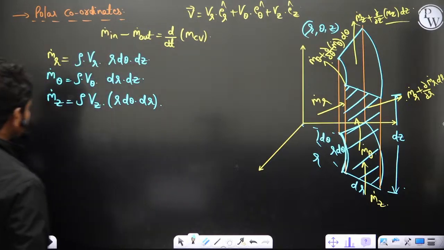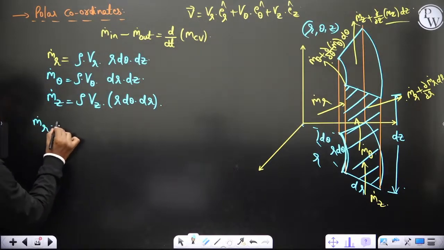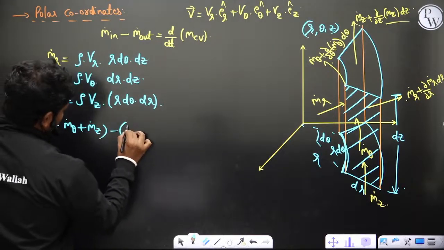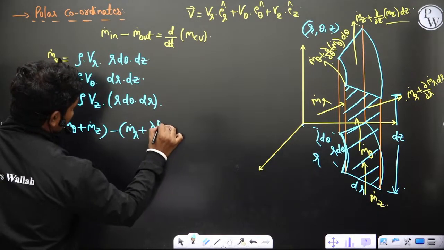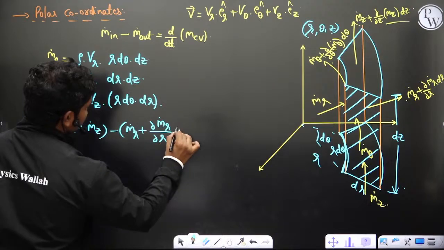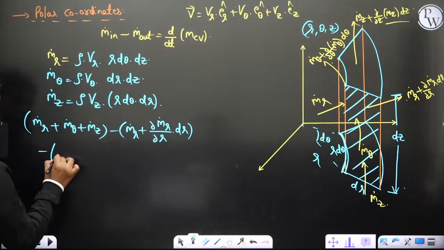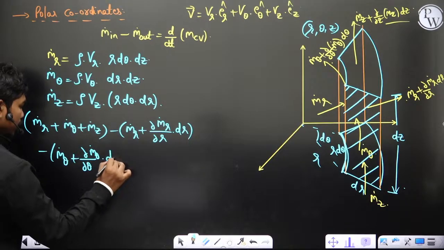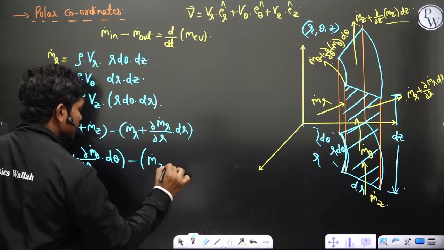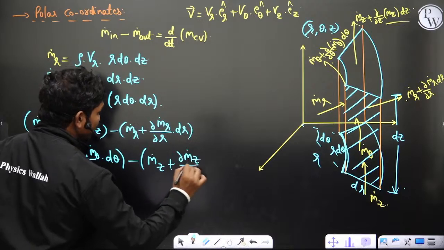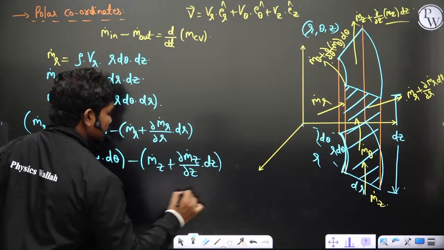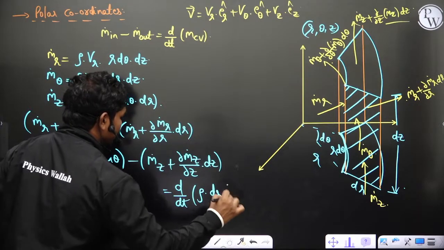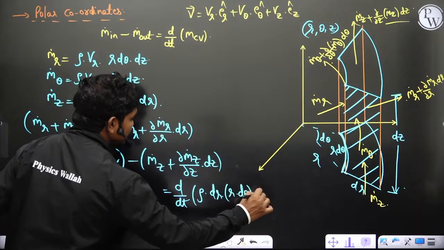In m dot in, if you write m dot r plus m dot theta plus m dot z, minus m dot r plus dou m dot r by dou r into dr, minus m dot theta plus dou by dou theta of m dot theta d theta, minus m dot z plus dou m dot z by dou z dz, this is equal to the total rate of change in rho times dr r d theta into dz. So this is the volume.